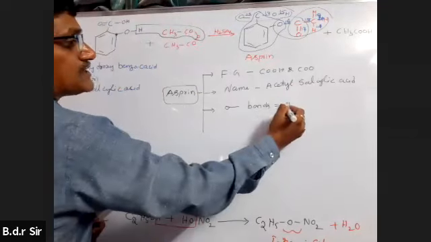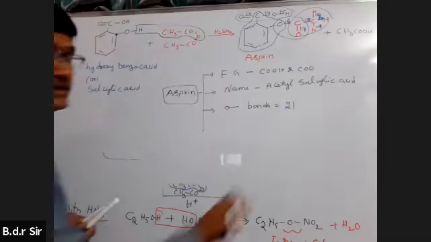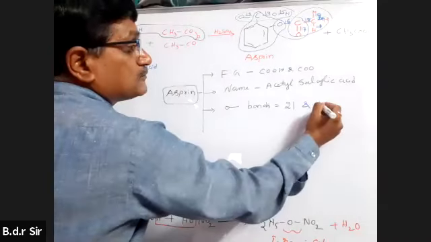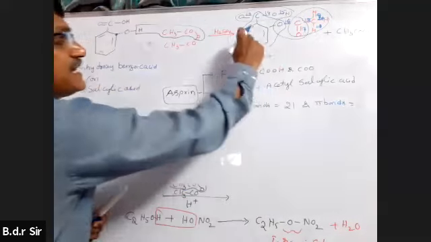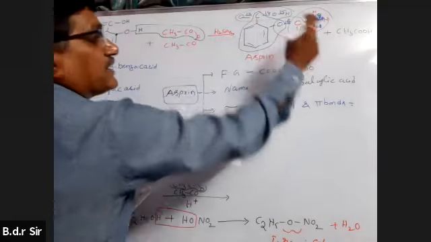So total sigma bonds 21. And pi bonds: in benzene ring 3, here 2, total 5.